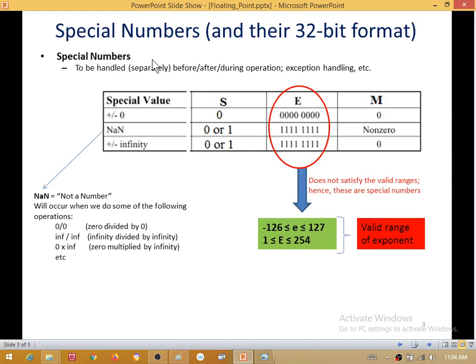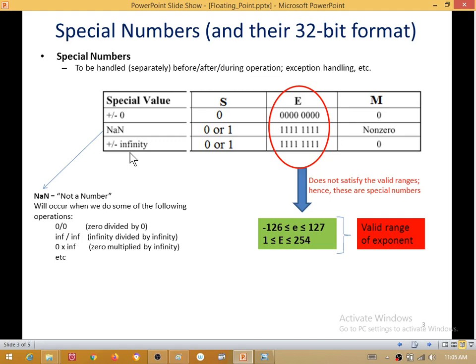So some special numbers have to be handled separately, and they are part of errors etc. happening during your operation or after your operation or before your operation. Operations meaning you are adding two numbers, subtracting, dividing, multiplying. So during those operations, the numbers can go out of range or they can become odd numbers which you have to handle separately. So these special numbers are mentioned here.